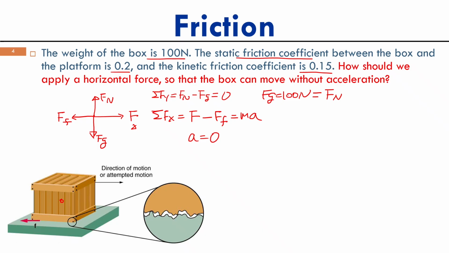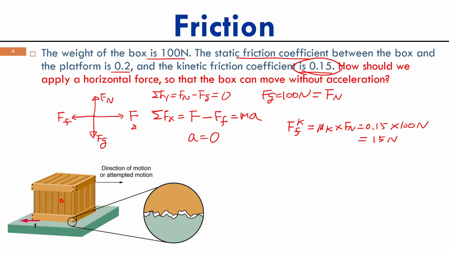Before we talk about how we should apply this force, let's first calculate the kinetic friction force and the static friction force. For the kinetic friction force, it's very straightforward. It equals mu k times the normal force. In this case, mu k is 0.15, so it equals 0.15 times 100 Newton, which equals 15 Newton.